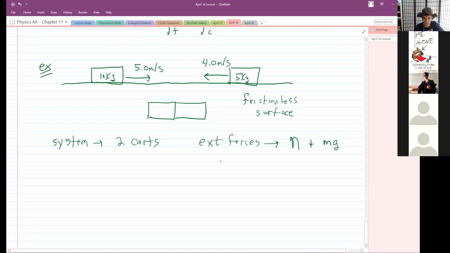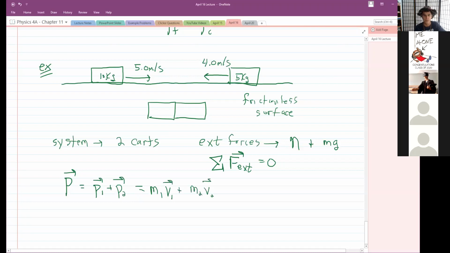So the sum of the external forces is going to be 0, which means that the final momentum of this system is going to equal the initial momentum. Well, momentum of a system is just equal to the momentum of all the objects in the system added together. So in this case, I only have 2 objects, so it would be m1 v1 plus m2 v2.